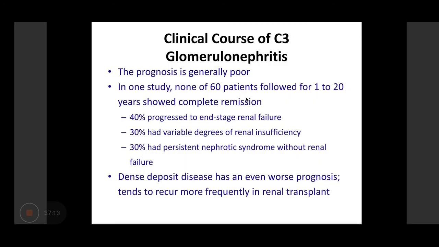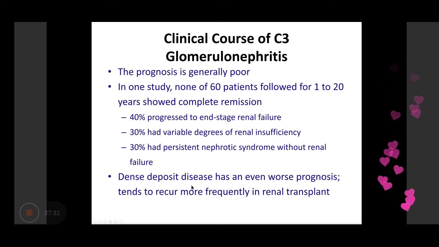The clinical course of these patients is very poor. Most of these patients progress to end-stage renal disease, or at the most, they may show variable degrees of renal insufficiency. This is for C3 glomerulonephritis. Dense deposit disease is even worse.